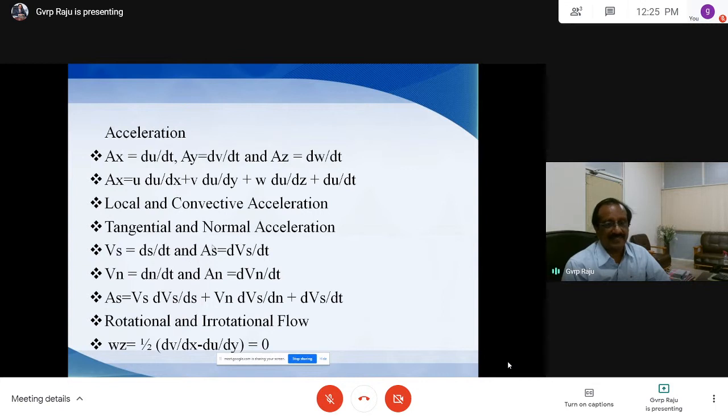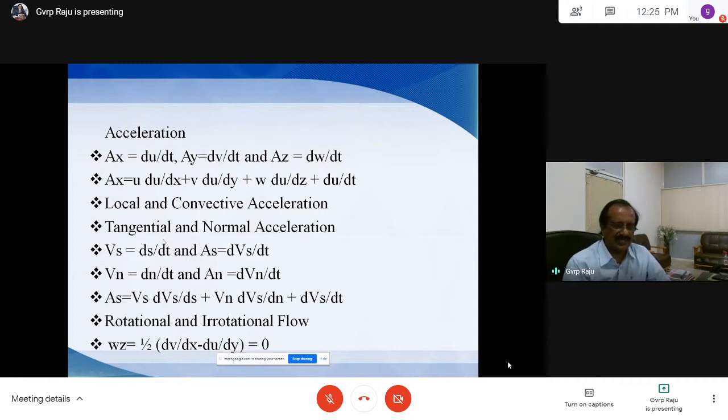And acceleration in the s direction is the change of velocity in the tangential direction by time, limit dt tends to 0. Exactly similarly to small u, small v, small w, and ax, ay, az in the xyz direction, the tangential and normal directions have the same form.